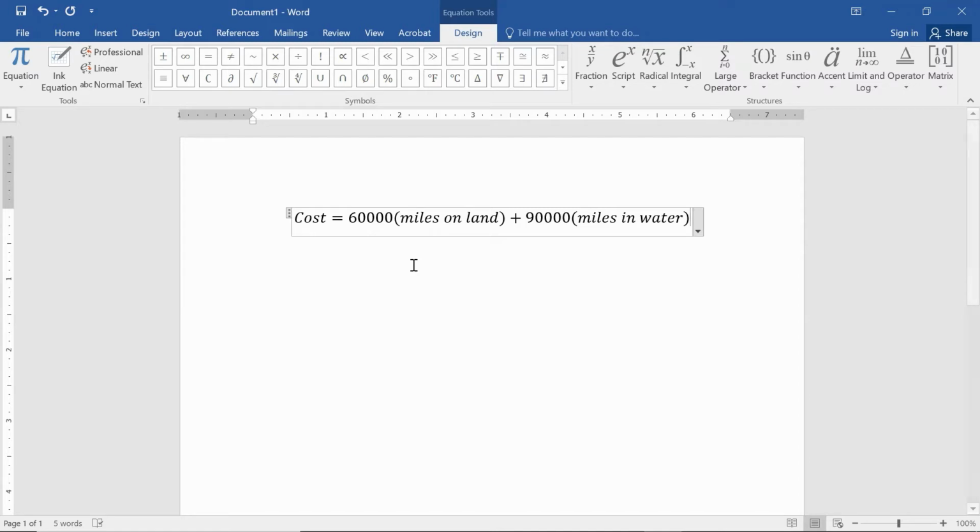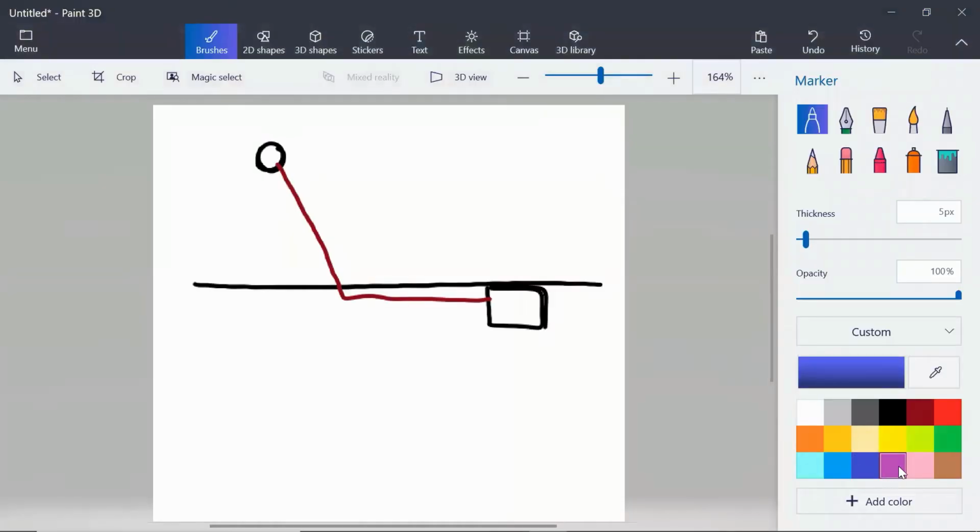Let's go back to the picture. In the problem itself, it said that the wind turbine is 5 miles out to sea, and once it hits the land, there are 7 miles between it and this plant.